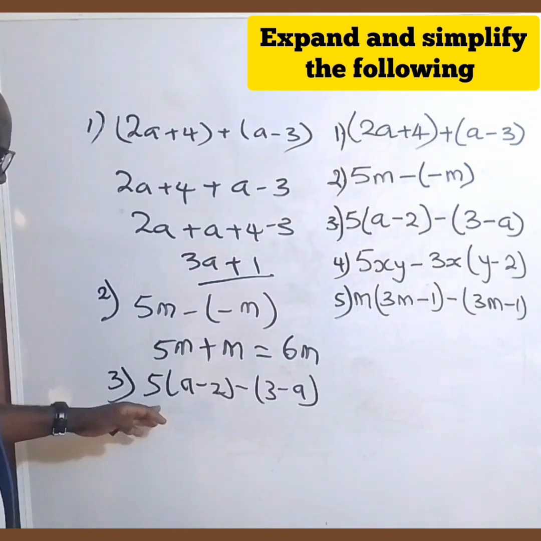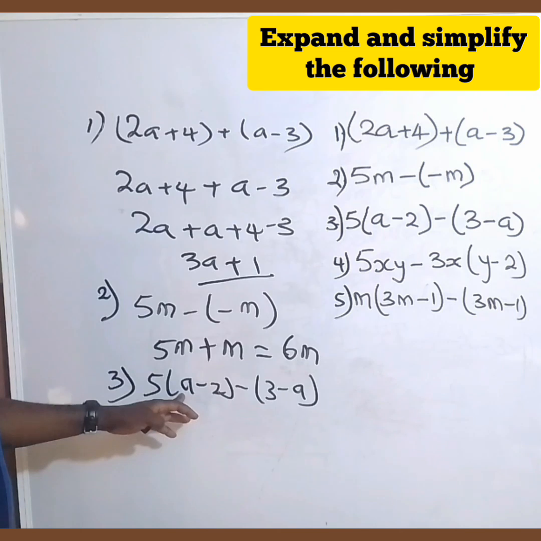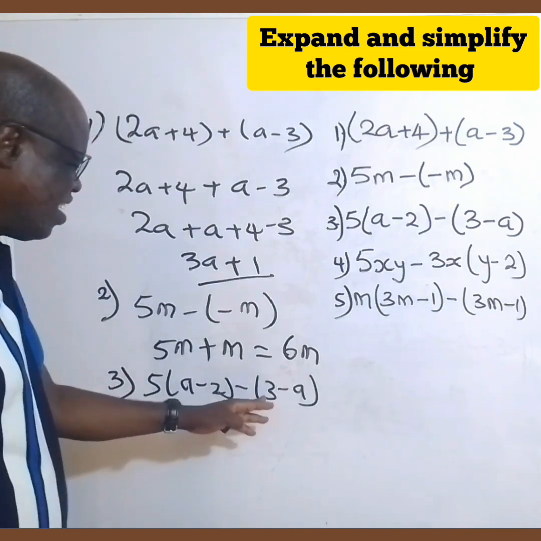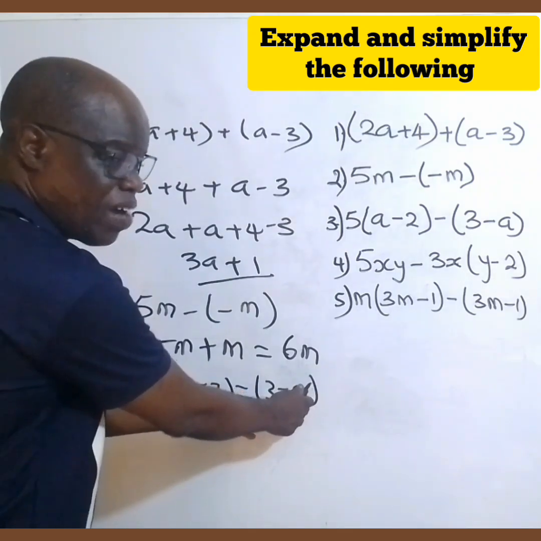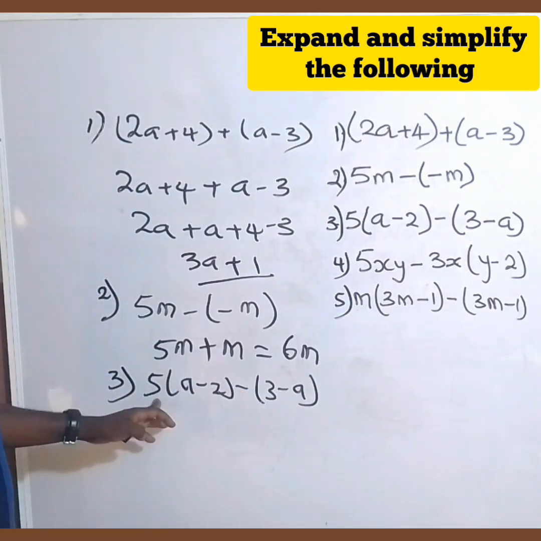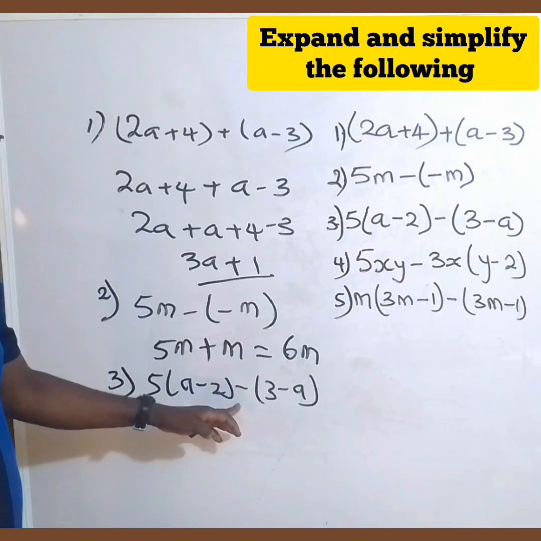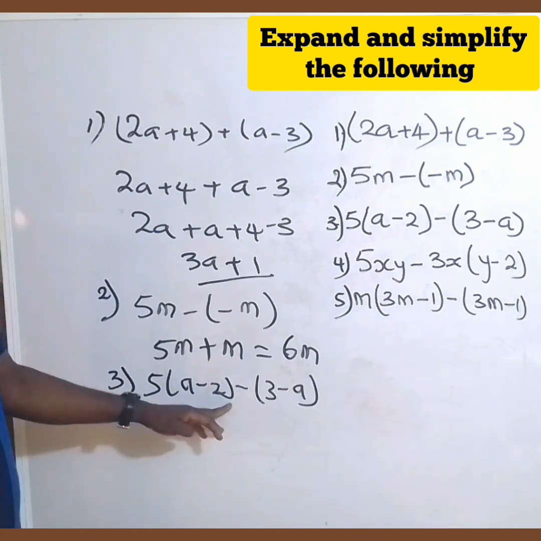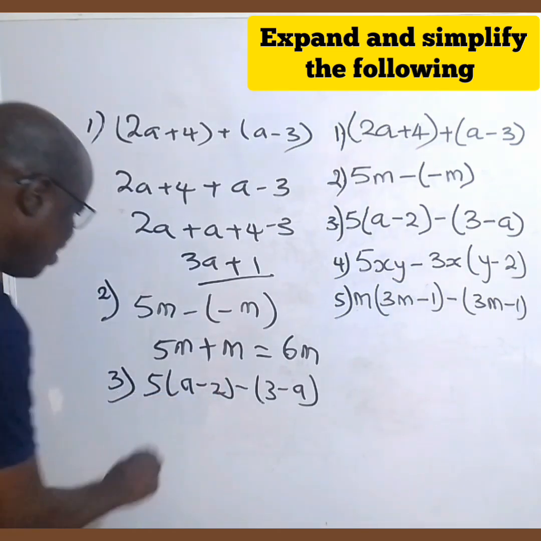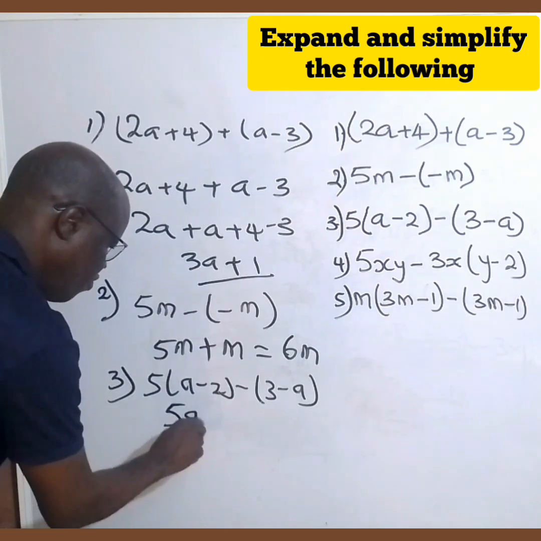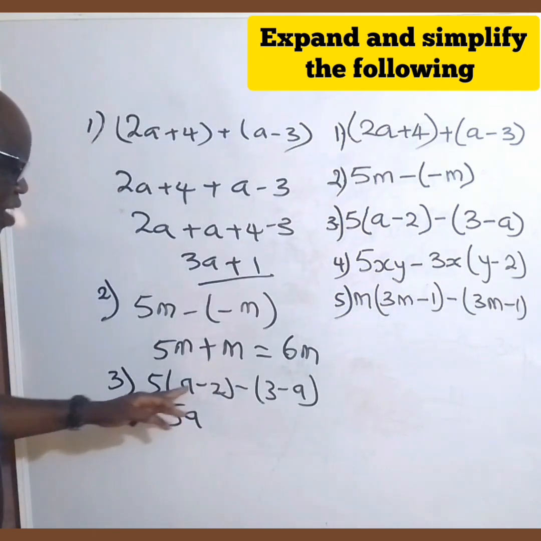Now look at the third one. For the third one, you have 5 into a minus 2, everything in the bracket here. Then minus 3 minus a into bracket. So this 5 is the one multiplying through this bracket. So multiply 5 by everything inside the bracket. 5 times a is 5a. 5 times 2 is 10.